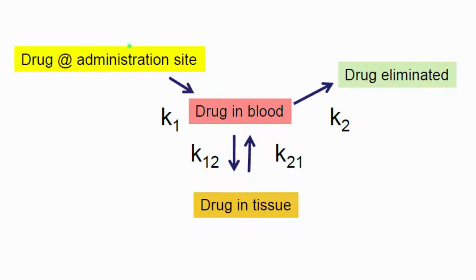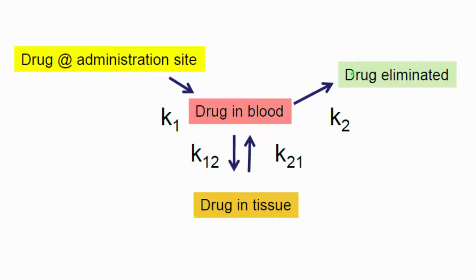The general kinetics of any drug administration process can be described by this primitive scheme. You have a first order reaction, the drug sitting at the administration site comes into blood. Again, it's a first order reaction proportional to the concentration of this drug.